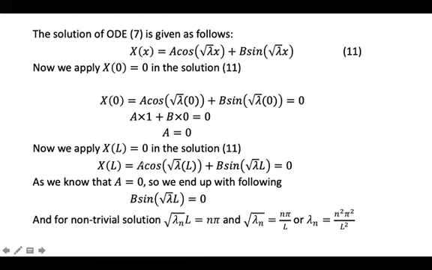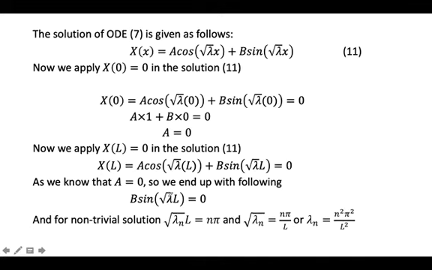Now we know that a is equal to 0, so we are left with b sine square root lambda L. Here we see we cannot make b equal to 0, because if we make b equal to 0, the whole thing will be 0, and we don't get the value of b.